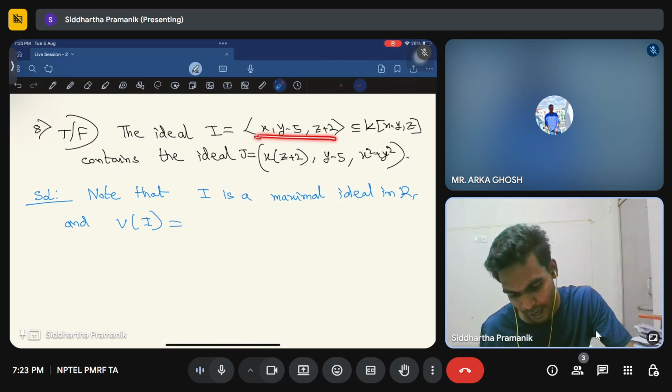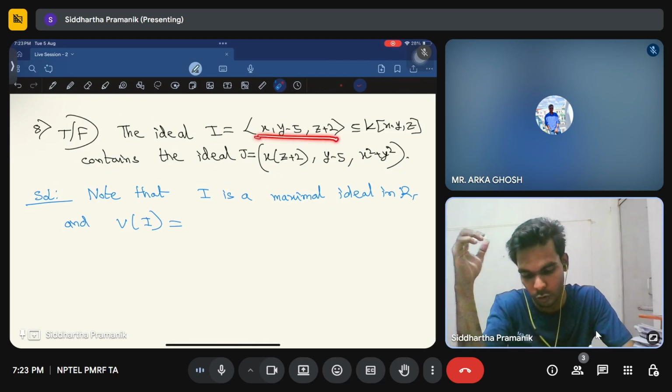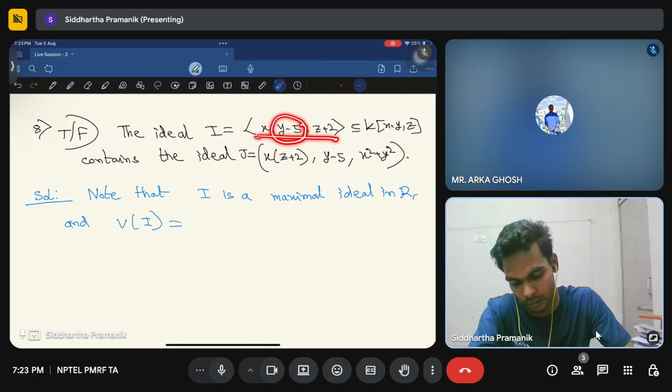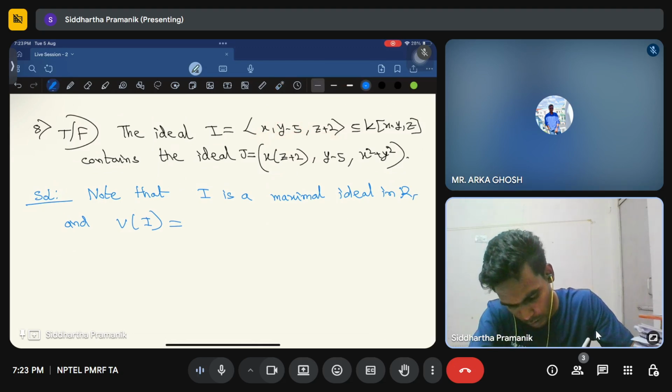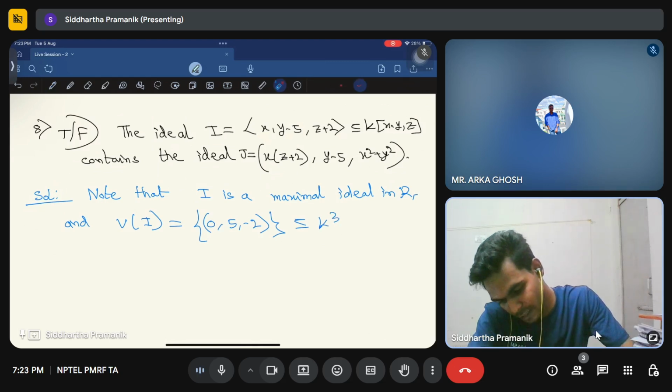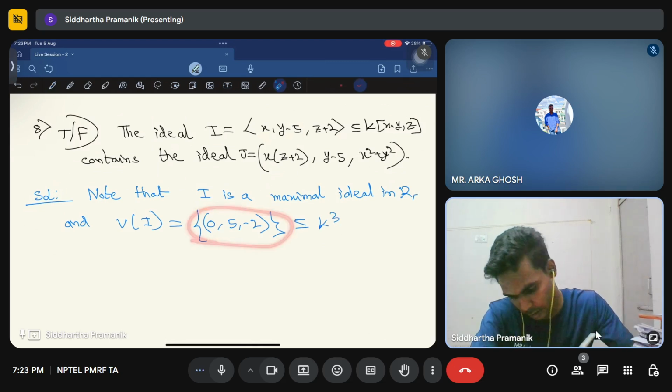If x has to vanish, the x coordinate should be 0, y minus 5 has to vanish, so y equals 5, and z equals minus 2. So the corresponding point is (0, 5, minus 2). This is a singleton set, because I is a maximal ideal.